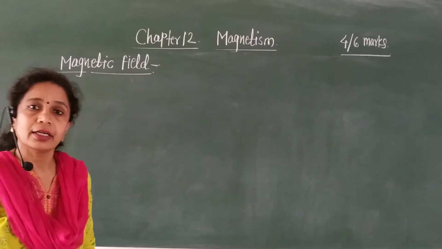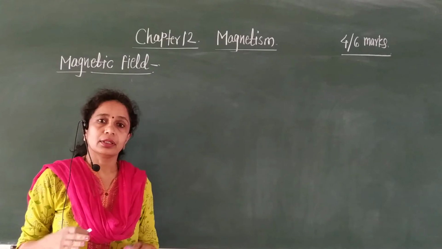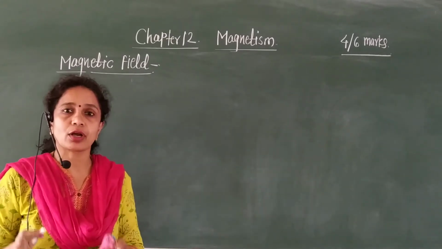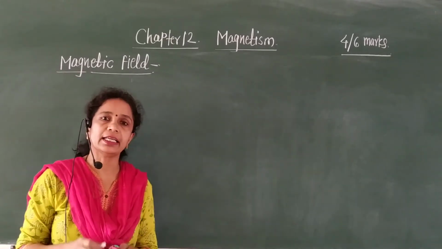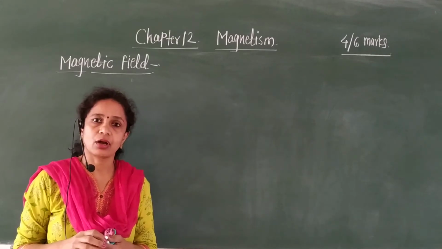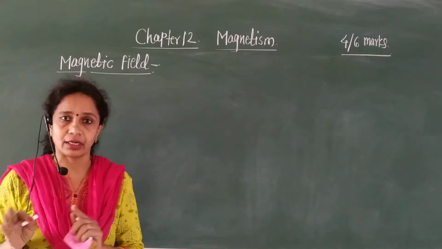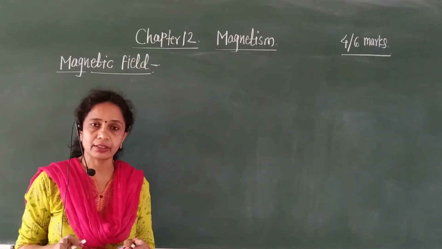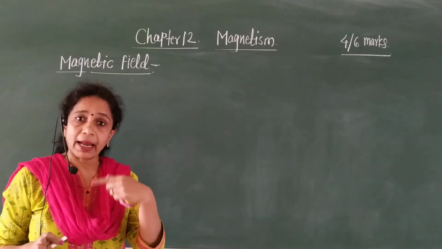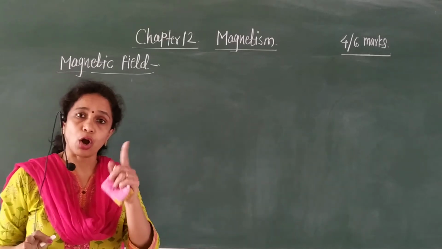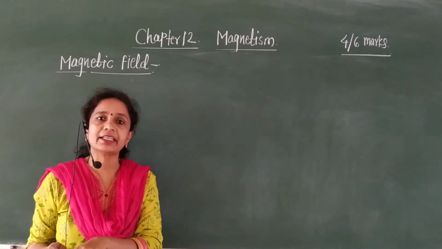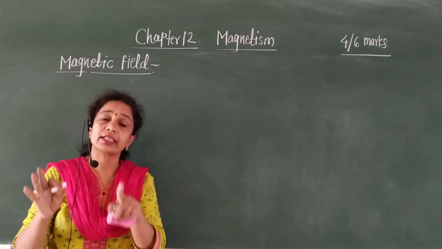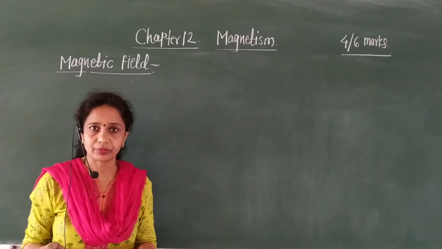Magnetic field describes the magnetic influence on moving electric charges or electric current.